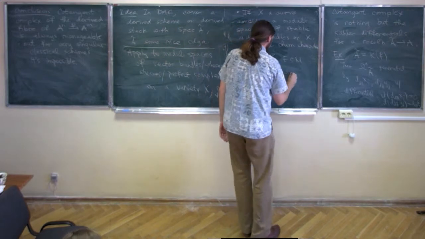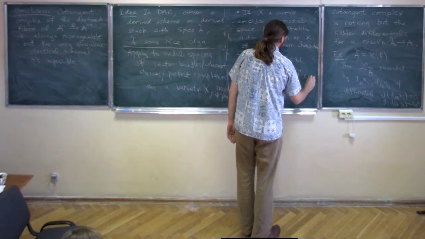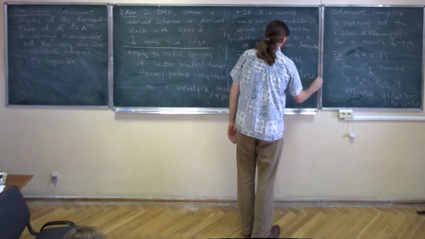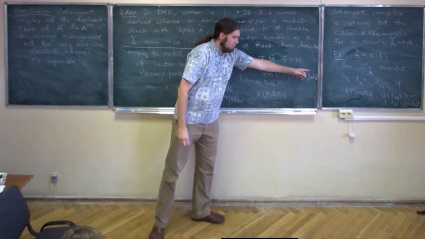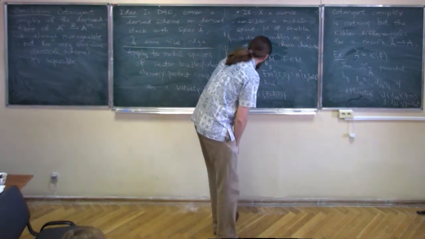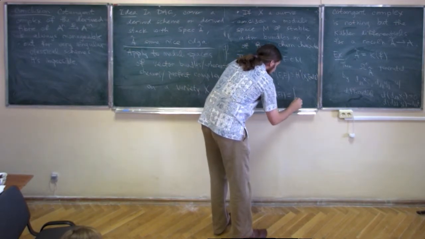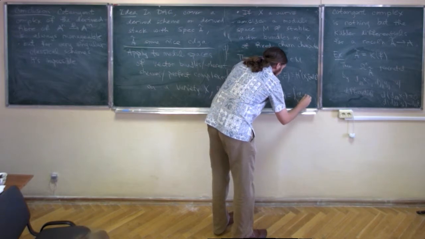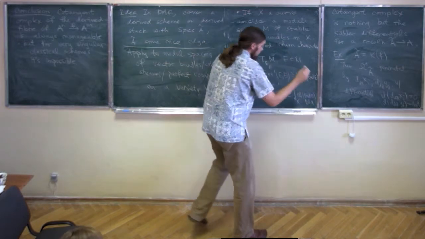Since this is a vector bundle, this is H1 of the endomorphism bundle. If it's not a vector bundle, then you have to be clever and derived, and then I'll let you do it. So this is the Chern character of the endomorphism bundle times the Todd class of X integrated over your curve.